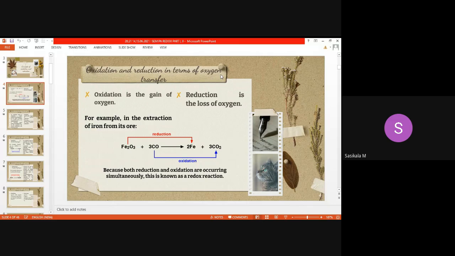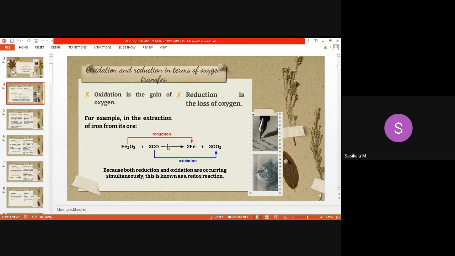You can see the example of the ferric oxide reaction with carbon monoxide. From ferric oxide, the oxygen moves to the carbon monoxide, which is converted to carbon dioxide, and iron is released. So loss of oxygen represents the reduction reaction, and gain of oxygen by the carbon monoxide represents the oxidation reaction.